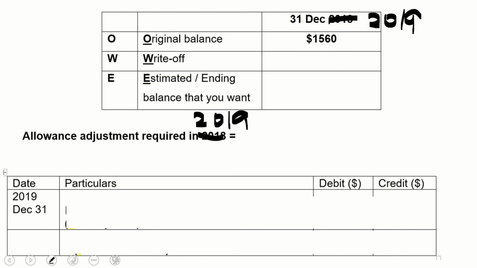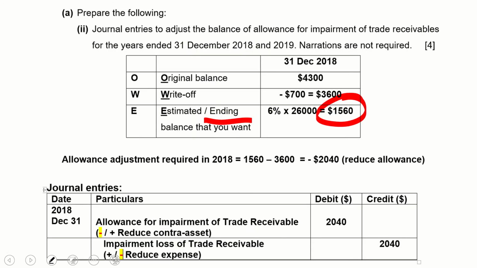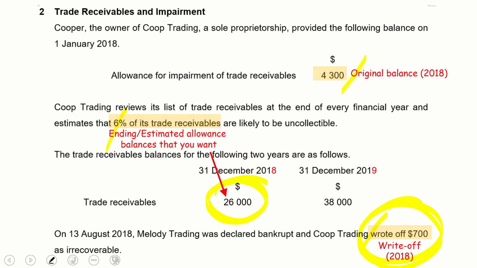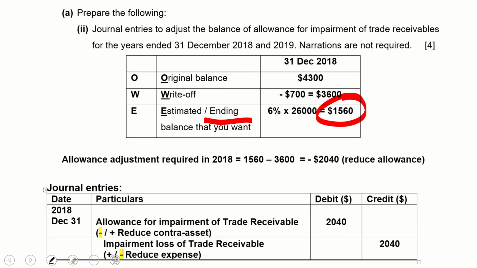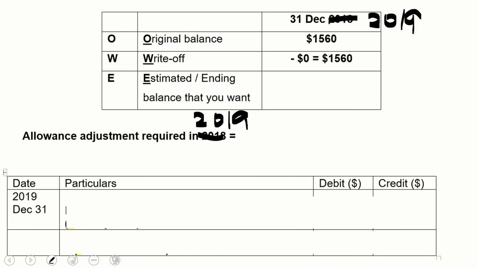Then I think about it. Did I have any write-off in 2019? If I went back to my previous question, I see that there's only one write-off in 2018, but there is no write-off in 2019. So in 2019, there is no write-off.